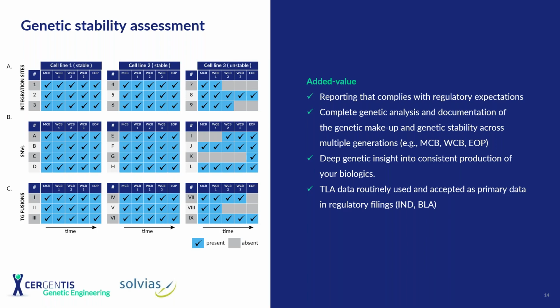So as you can see, the working cell banks and end of product cells of cell lines 1 and 2 share all integration sites, single nucleotide variations, and transgene fusions identified in the original master cell bank. So this data suggests that cell lines 1 and 2 are stable. Genetic differences occur in cell line 3, in which 2 integration sites and 2 single nucleotide variations have arisen, and 2 transgene fusions are lost over time.